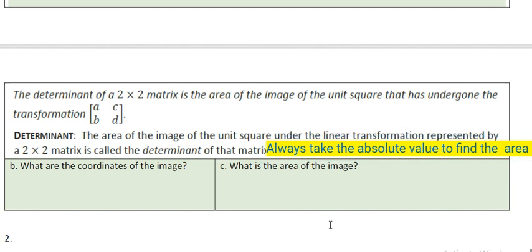You can have an area of 0 if there is no area, but you can't really have a negative area. So our response to this question, what is the area of the image? The area is 221 square units.